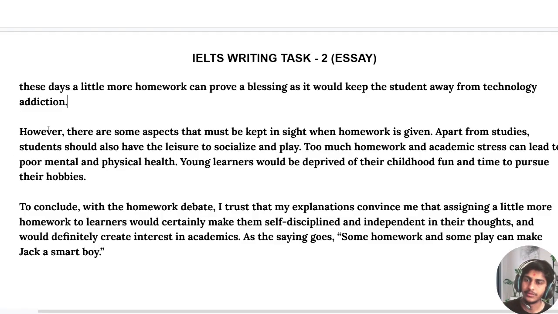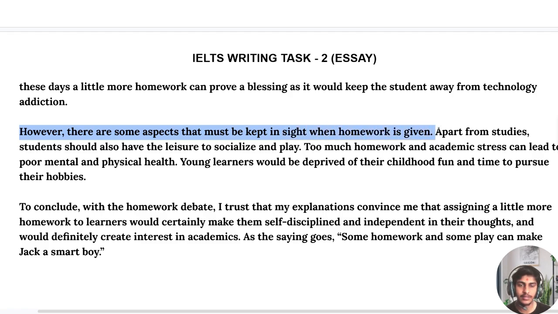paragraph. So we start the counter argument paragraph. However, there are some aspects that must be kept in mind when homework is given. Apart from studies, students should also have leisure to socialize and play.